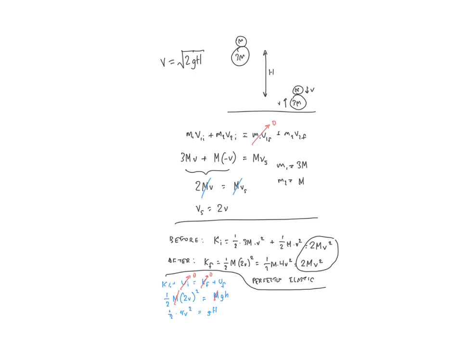The 1/2 and the 4 combine to give you 2. So we have 2v squared is equal to g times, and I just realized that that is actually supposed to be a little h in the previous thing, not a big H. So 2v squared equals g h, but it says it wants to get that height in terms of the original height.